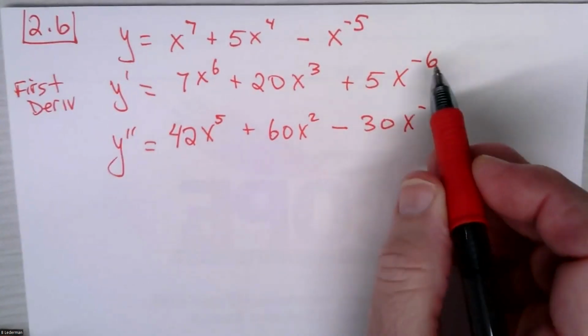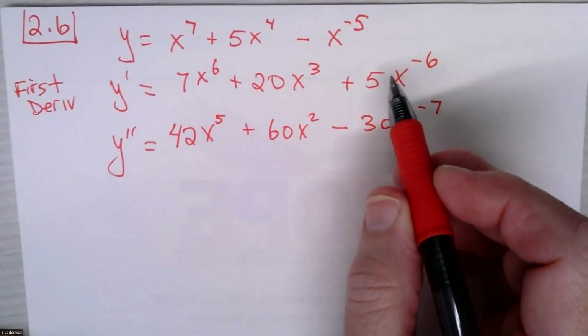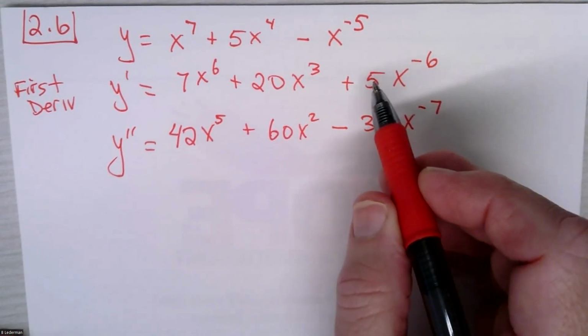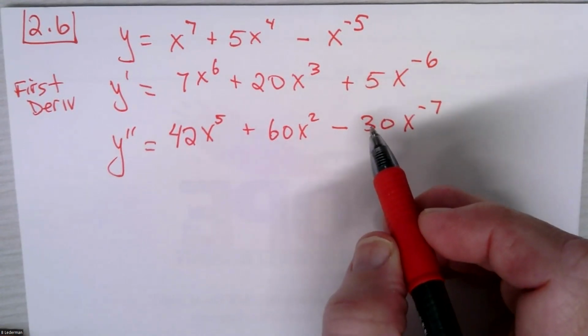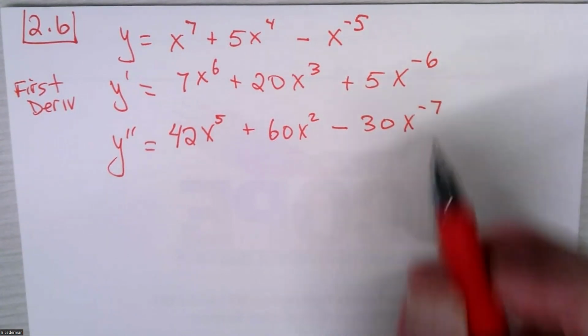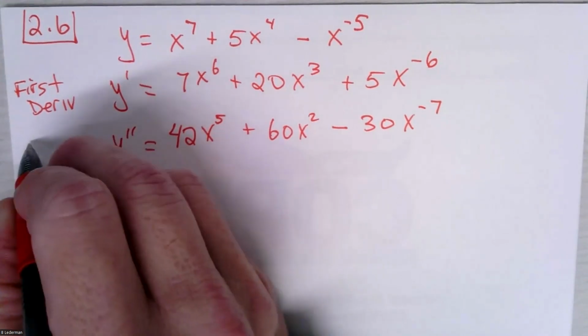Negative 6 times positive 5 is negative 30, and the negative 6 goes down to a negative 7. So this now is the second derivative.